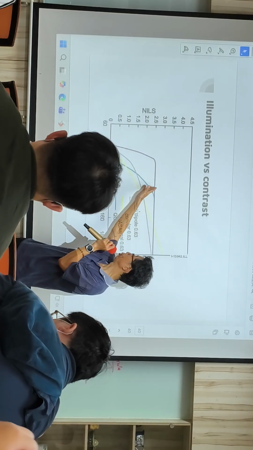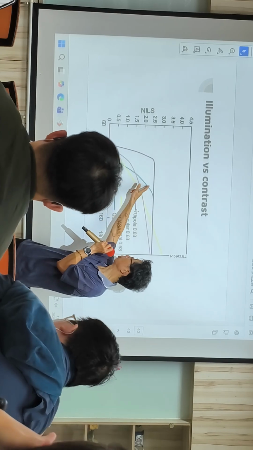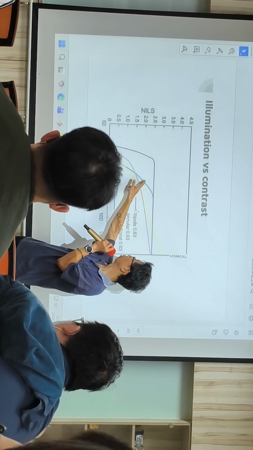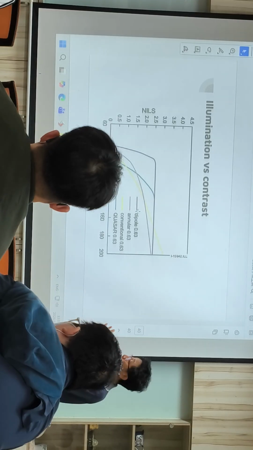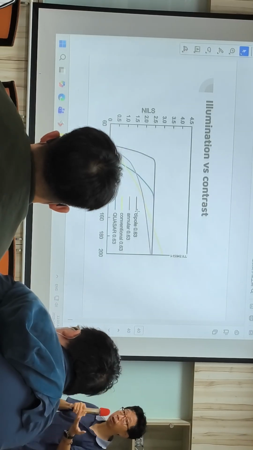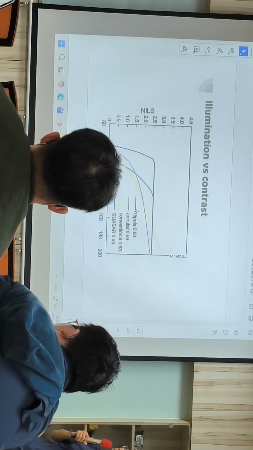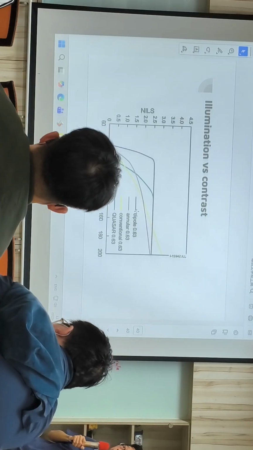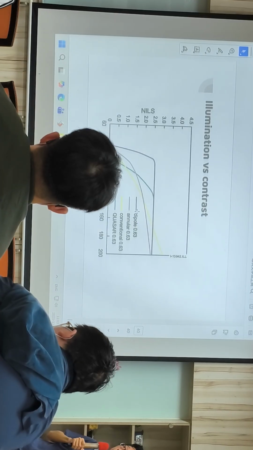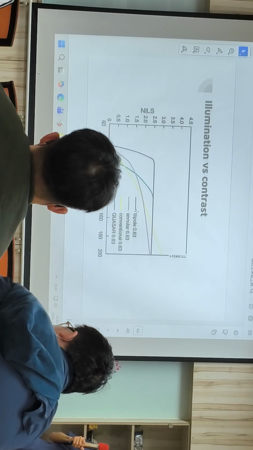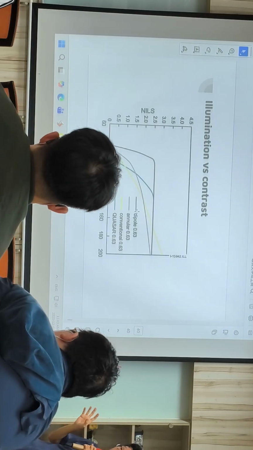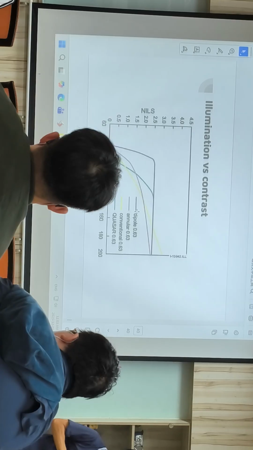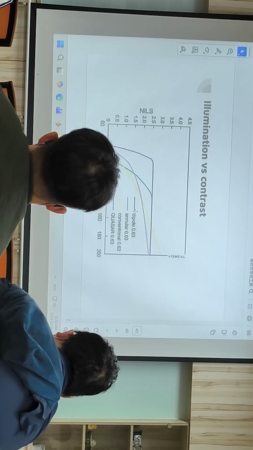And over here, you may as well go to quasar. So it is all a trade-off. You need to find out what is the best illumination for your critical feature. That's what this figure tries to tell you. So that's what I want to cover today.